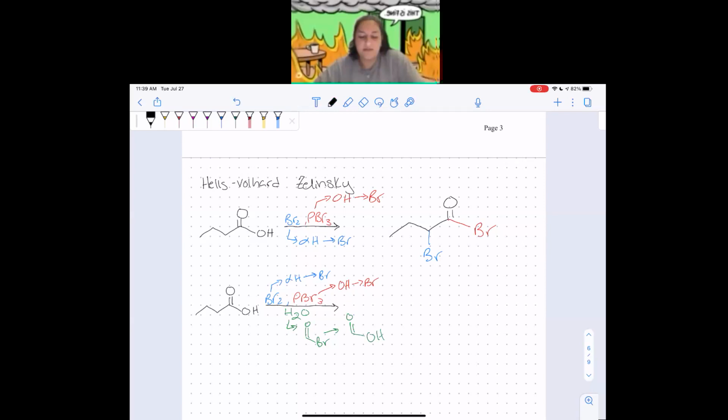So the answer to this reaction would be, bam, we add this blue Br, and we're actually going to end up with an OH back on the carbonyl. So that's kind of where we ended up last time.